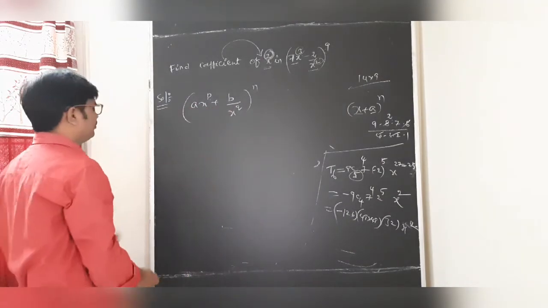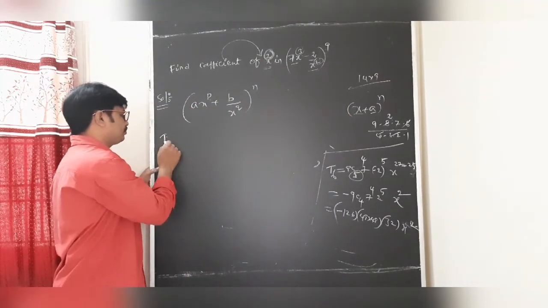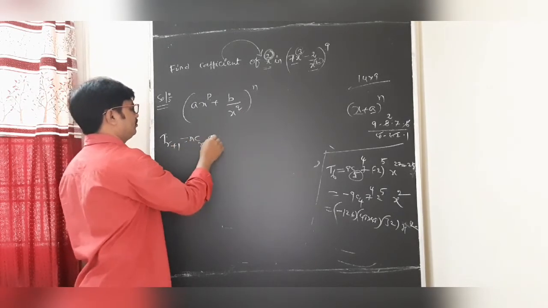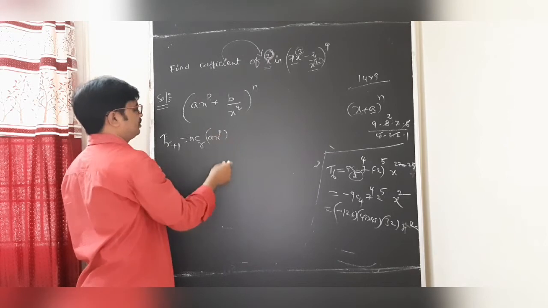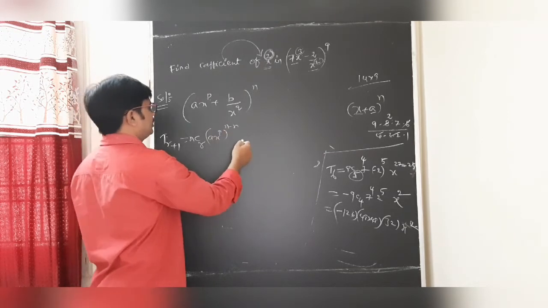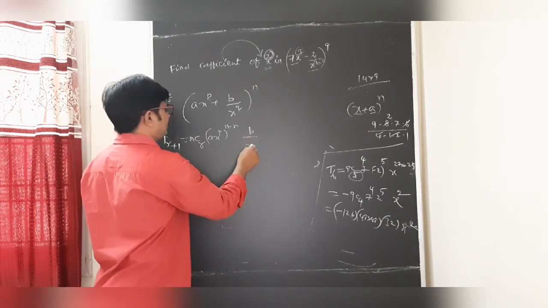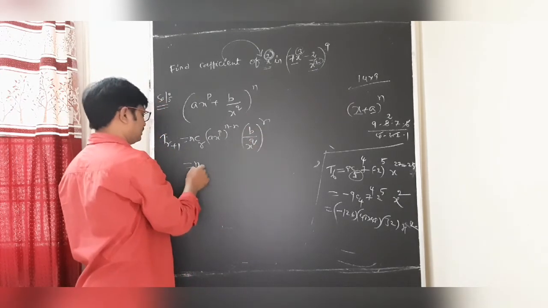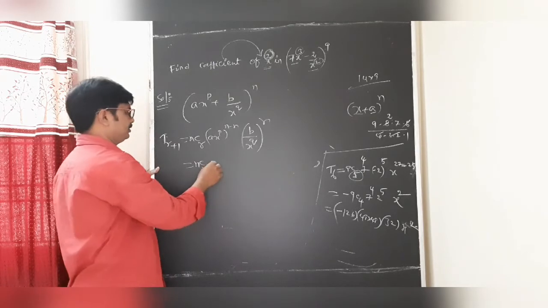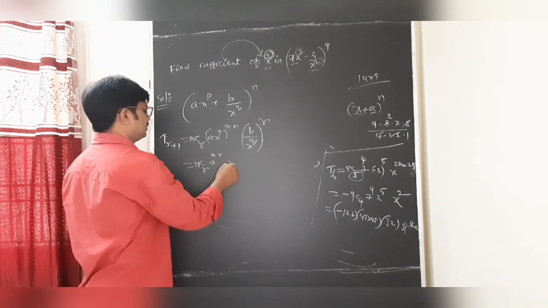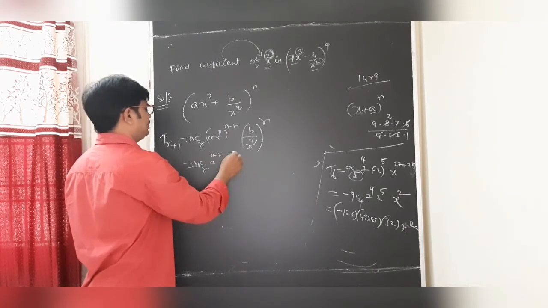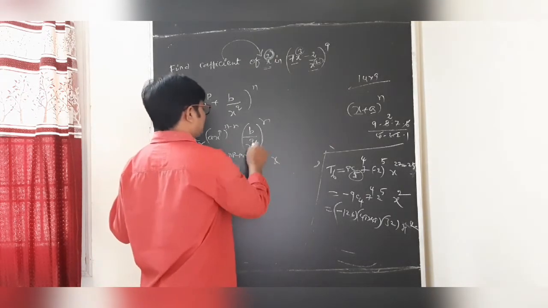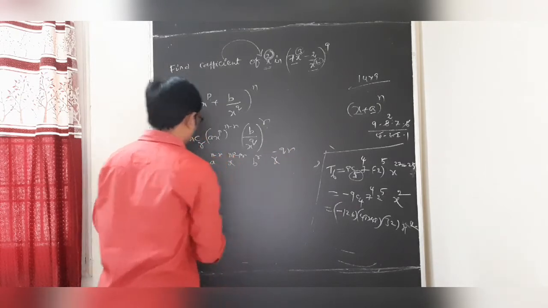So my dear students, everybody knows that T(r plus 1) is the general term. nCr (a x power p) power n minus r, after then (b upon x power q) whole power r. This is what? nCr a power n minus r x power np minus pr, this is b power r x power minus qr.